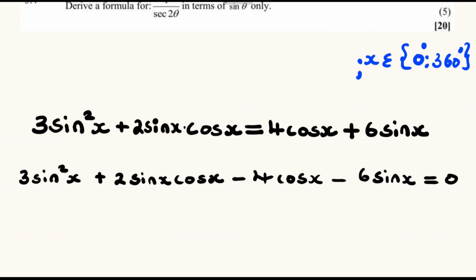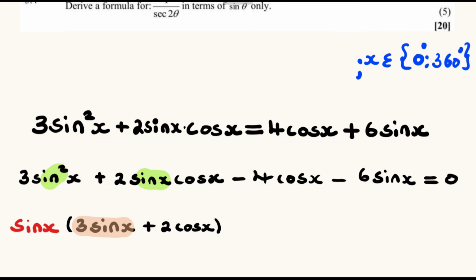For the first two terms, we can take the sin x as our common factor only for the first two terms. So we have sin x into 3 multiplied by sin x plus 2 cos x. Take note that we have 3 sin x and the 2 cos x.